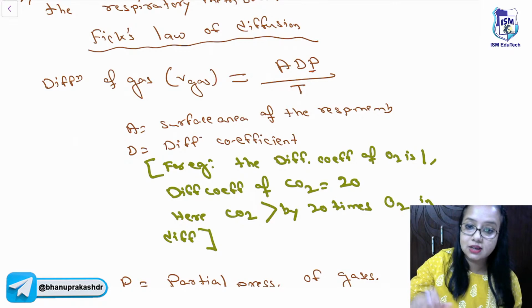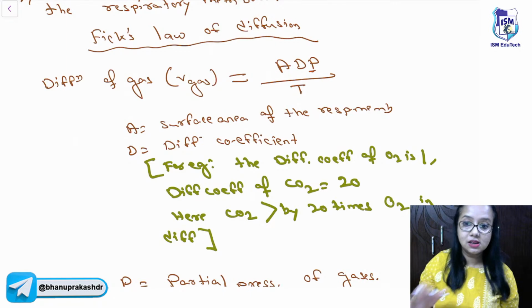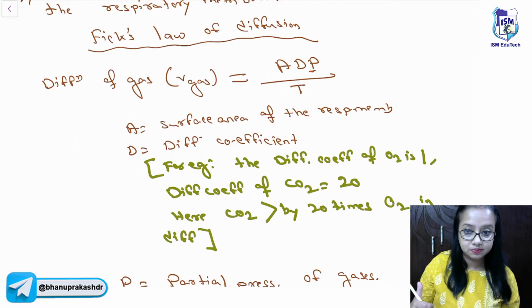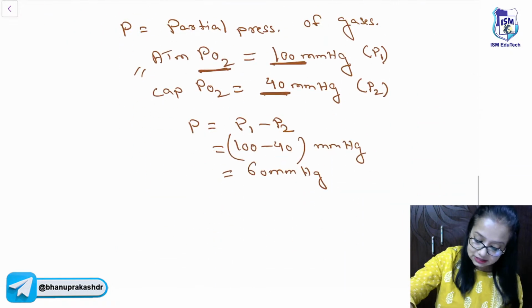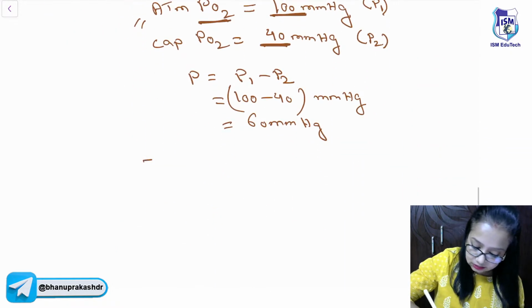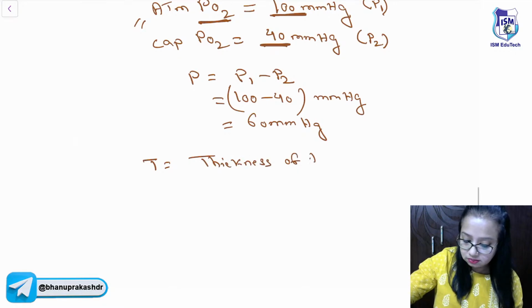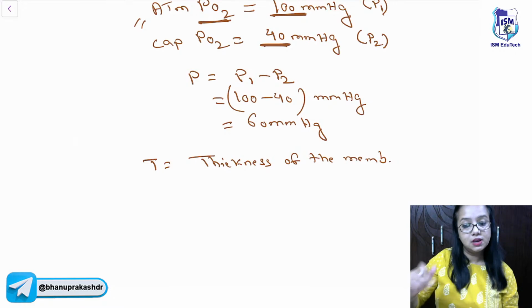So these three factors, surface area, diffusion coefficient and partial pressure, are directly related to the diffusing capacity according to Fick's principle. Whereas the fourth factor is T, the thickness of the membrane. Obviously, the normal thickness of the respiratory membrane is about 0.2 to 0.5 micrometer.